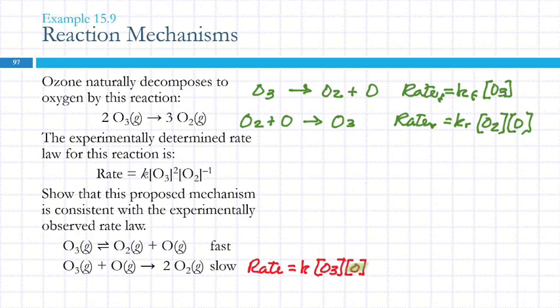Their rates are equal to each other. So then we can take this guy and that guy and set them equal to each other. Everybody okay with that?